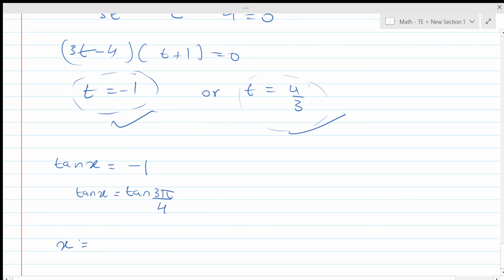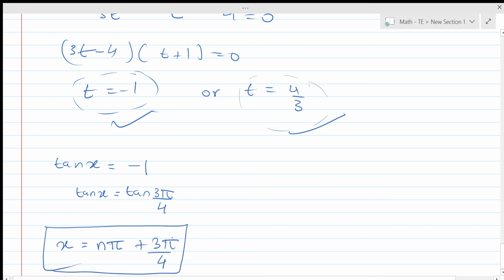So we can say that x is equal to n pi plus 3 pi by 4. For any value of tan which is equal to minus 1, you can put that angle here. It need not necessarily be 3 pi by 4. You can write it as minus pi by 4 as well. This is also absolutely correct.